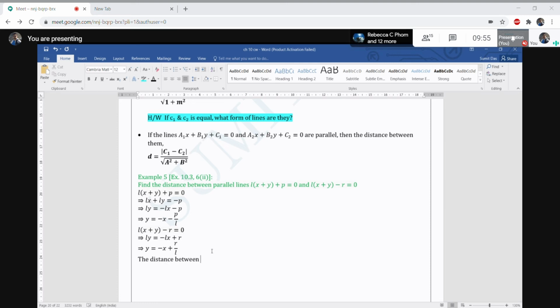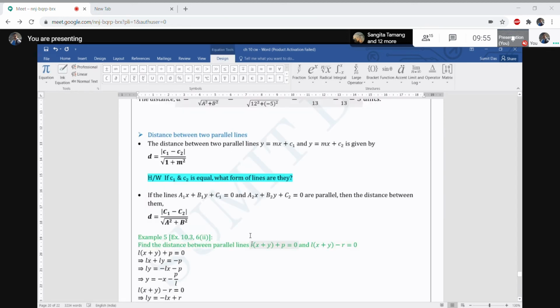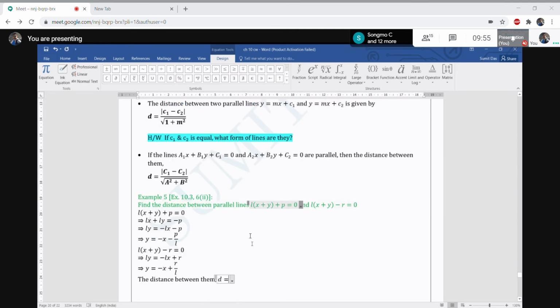between them, the formula is d equal to, what is the formula?